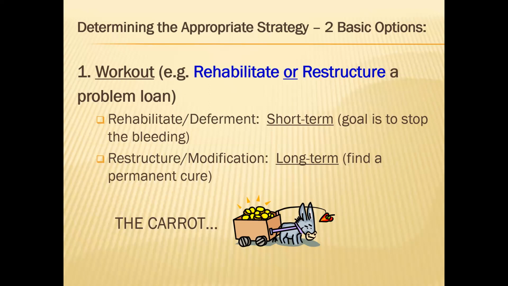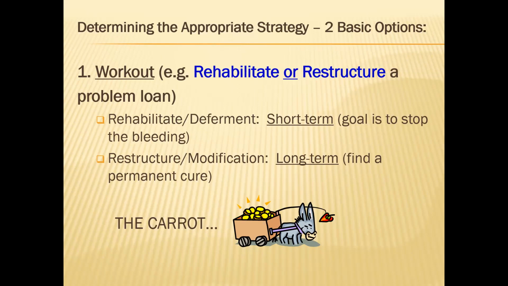Restructure or modification is a long-term fix, but that will not happen until there is some stability in the payment. For example, if the customer was making a $500 payment before, but can only make $300 now, and they've made that $300 for the last, say, 3 or 6 months, you may want to look at restructuring the loan for the $300 payment, which may mean you have to extend the term of the loan.